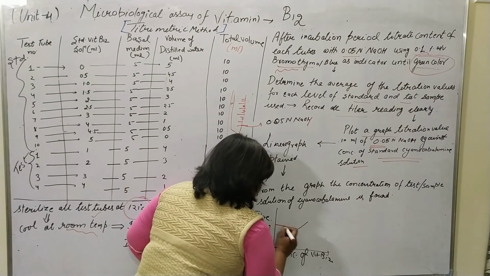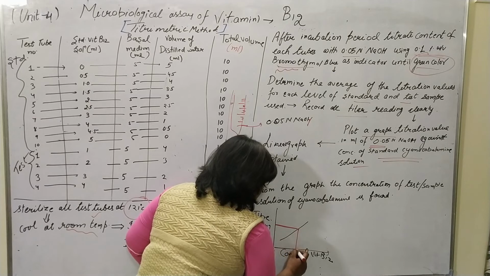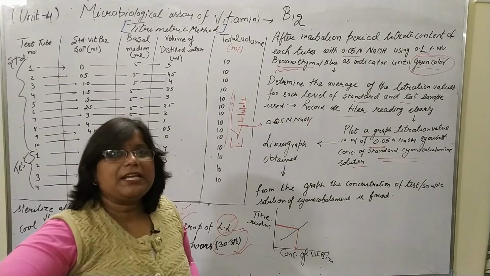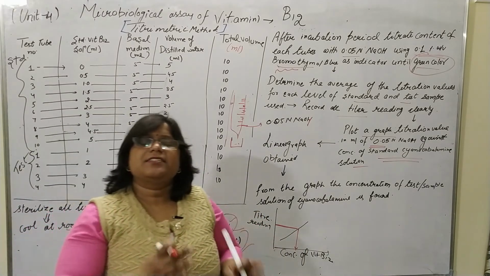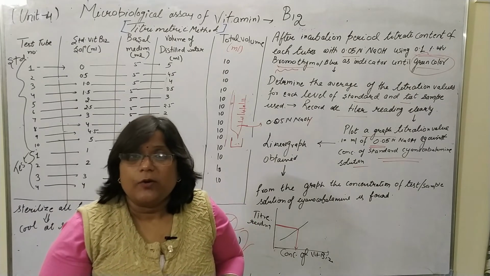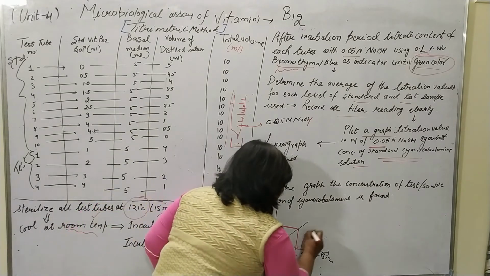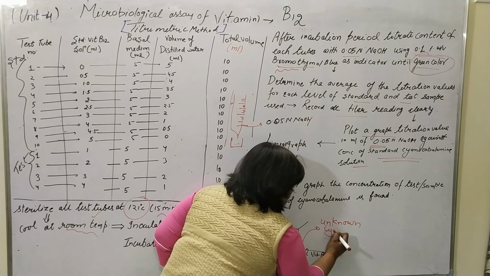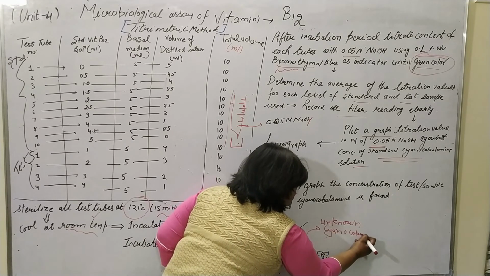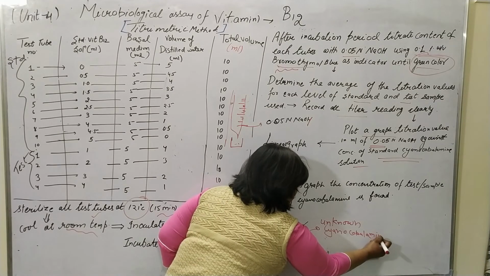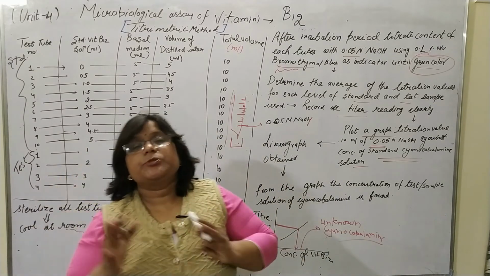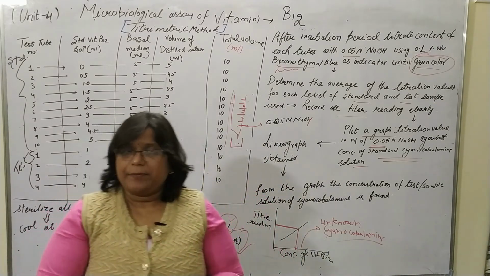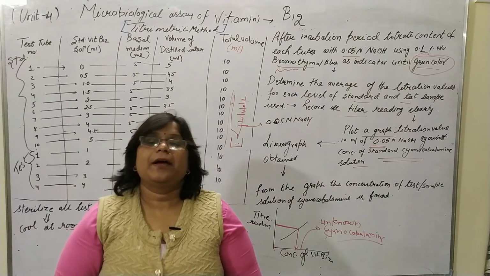When you extrapolate these readings and meet the axis, you can determine the concentration of vitamin B12. Okay, so this is the concentration of unknown cyanocobalamin. I hope you have understood the concept of the turbidimetric method and the titrimetric method.